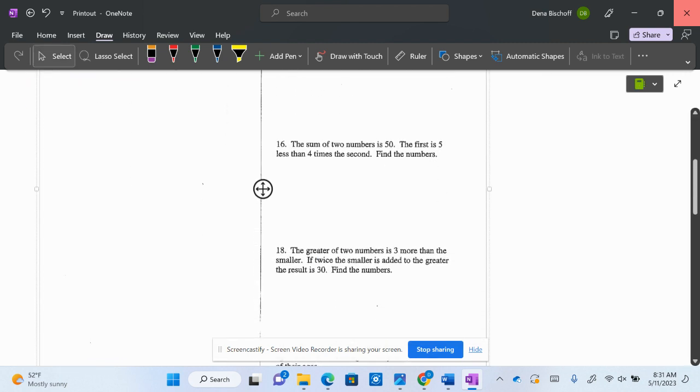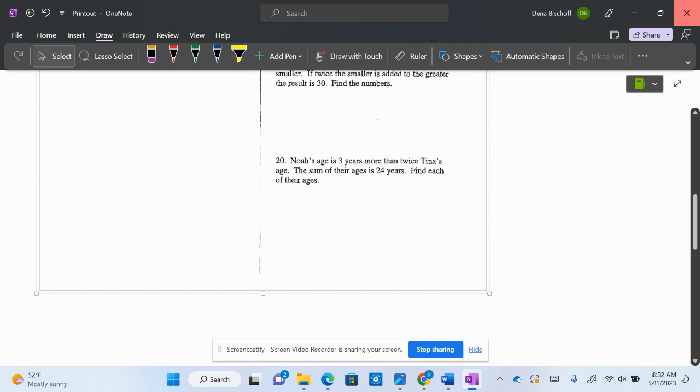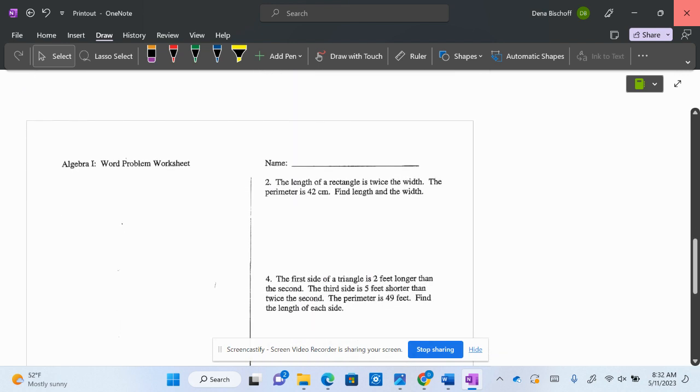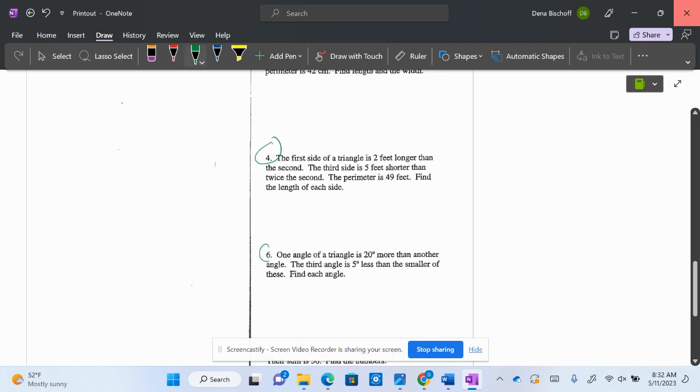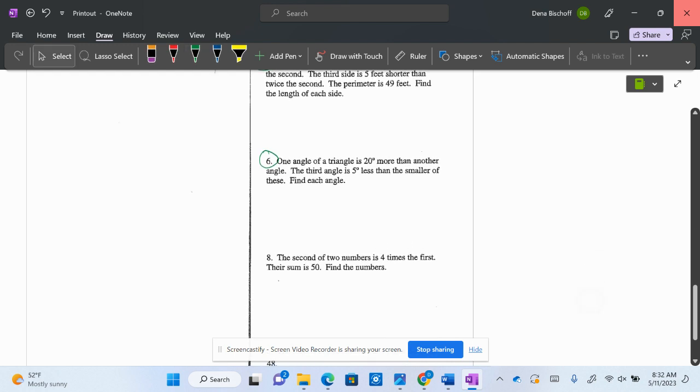Let me pull this up so I can see them. Number 2 is perimeter of a rectangle. You can do that one. Number 4 is exactly like our warm up. Number 6 is the sum of the angles of a triangle. And number 8 is 2 numbers, one's larger, one's smaller.